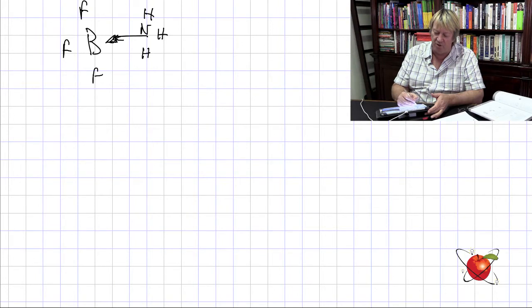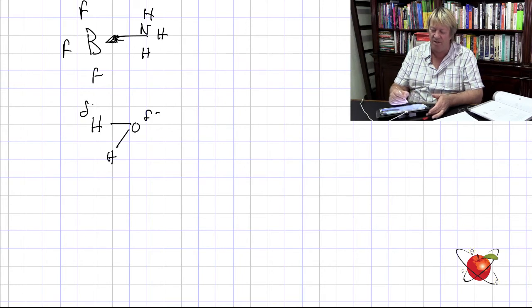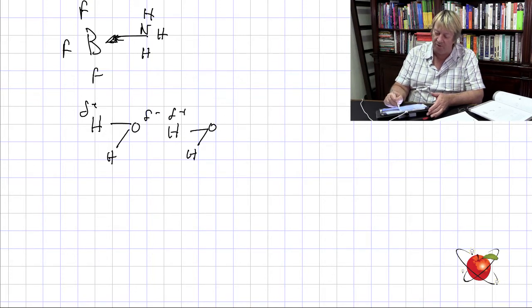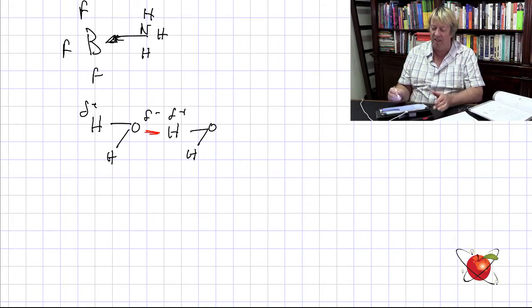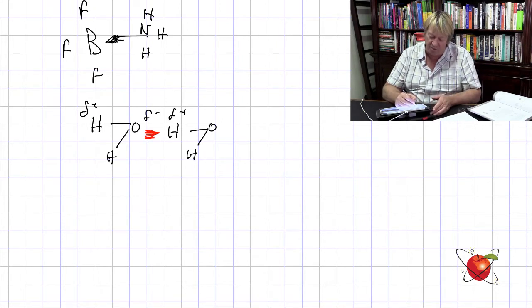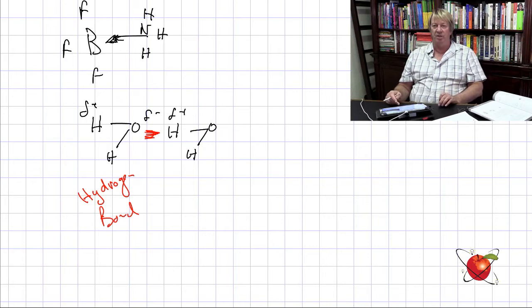Remember, we had H2O, we had an O over there, and an H. This was negative, this was positive. Along came another water molecule. The hydrogen happened to be that side over there, positive, and we had a bond forming between these two over here. That is a hydrogen bond, right? That's a hydrogen bond between the two.